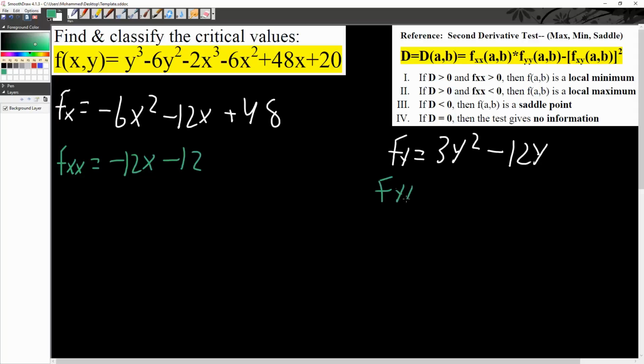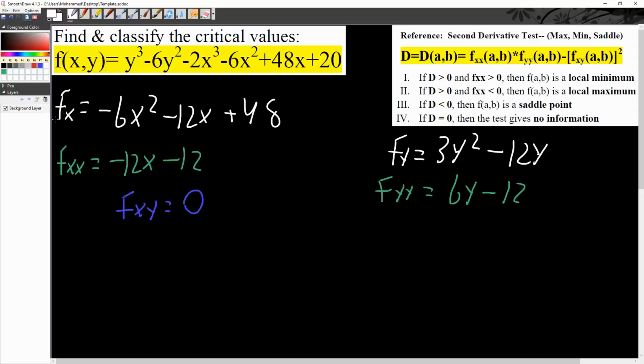So fyy is equal to 6y minus 12. And we also need to get fxy. So we will take the partial derivative of this in terms of y, which there's no y, so it would simply be 0.